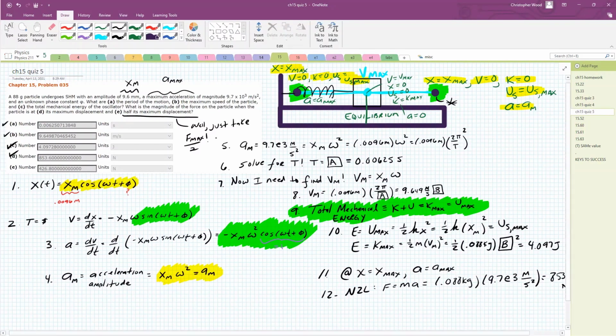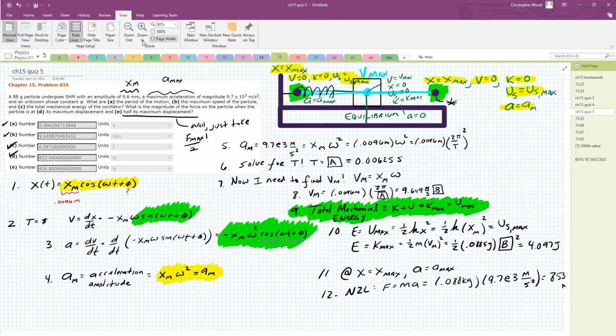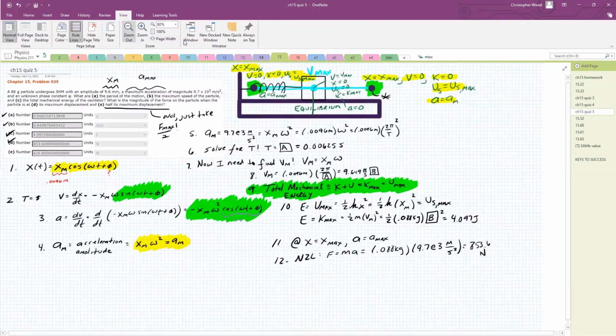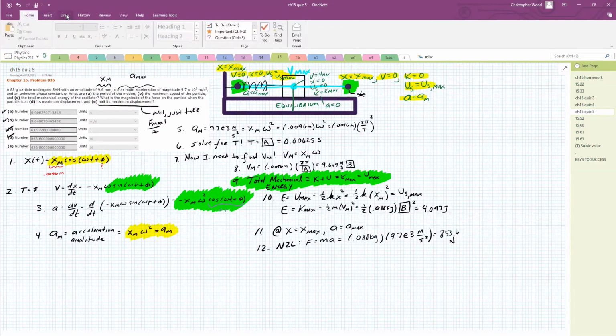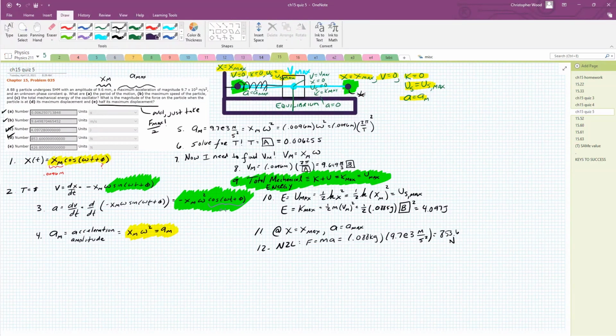Why can you just divide the maximum force? You have to provide analytical justification to show that that's valid. So let's just keep talking.